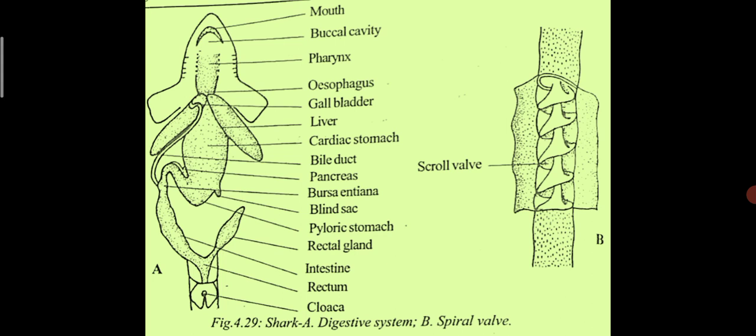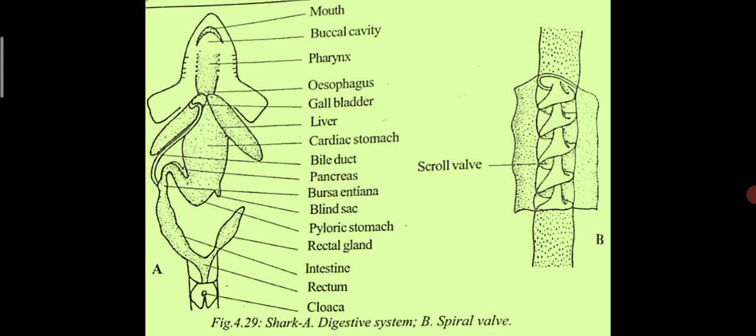The intestine then leads into the rectum, which opens into the cloaca. The liver is located at the junction of the cardiac stomach and esophagus, between them.